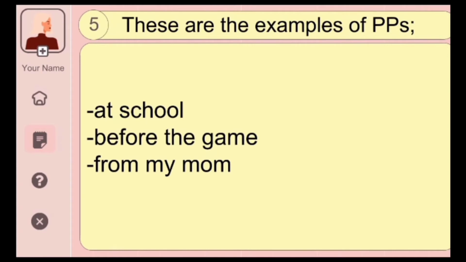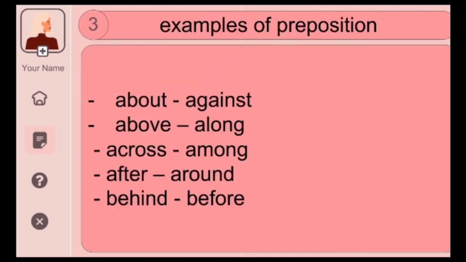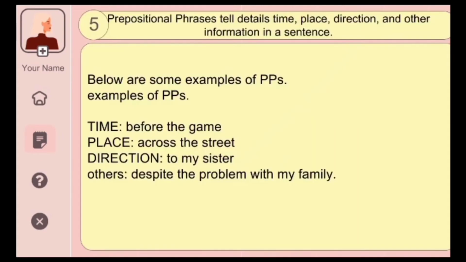So I will give you some examples of prepositions. Those are about, above, across, after, against, along, among, around, before, and behind. So those are just some examples of prepositions.